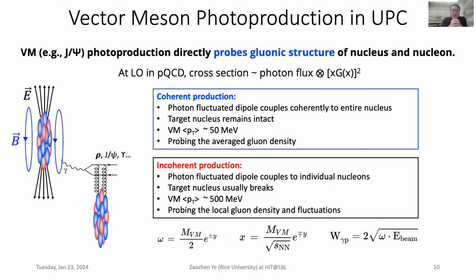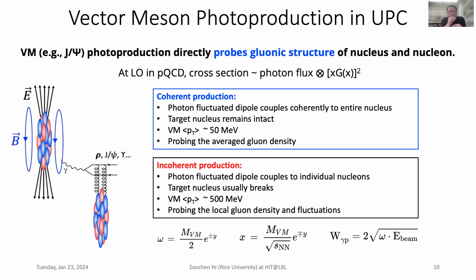Among many interesting physics processes of the UPCs, vector meson photoproduction, especially heavy vector meson photoproduction, is of particular interest, as its production cross section is predicted to be very sensitive to the gluonic structure of the nucleus or nucleons.